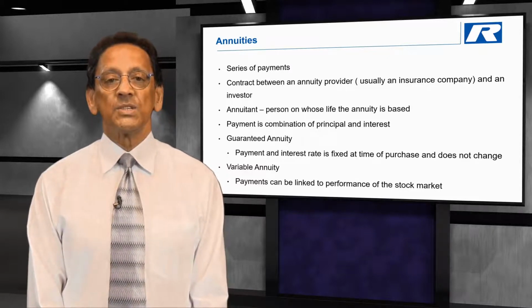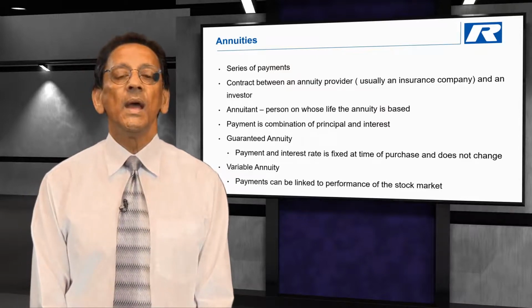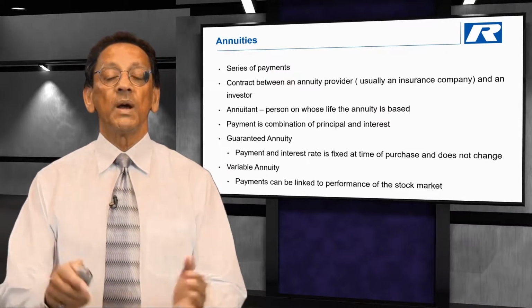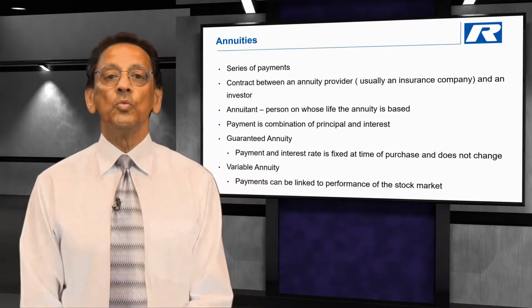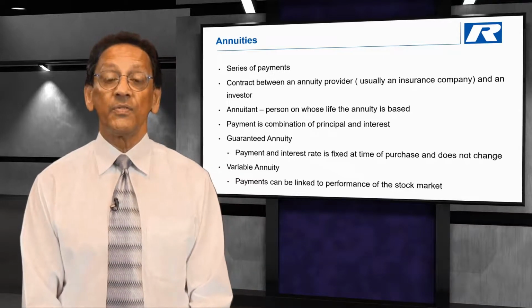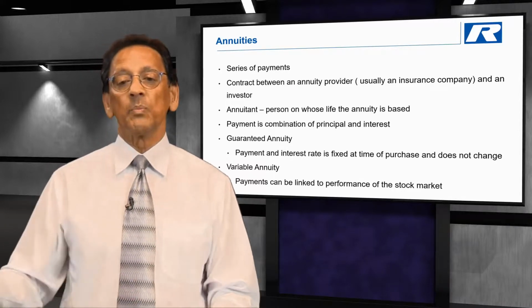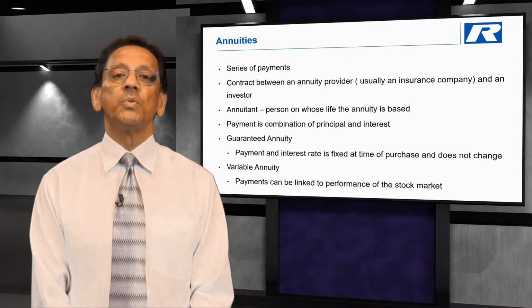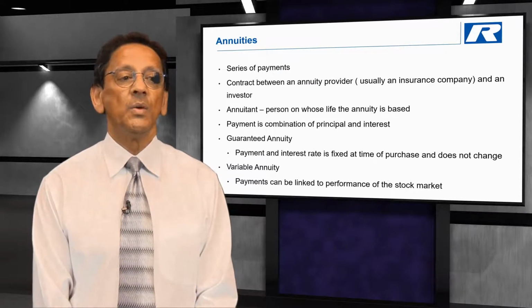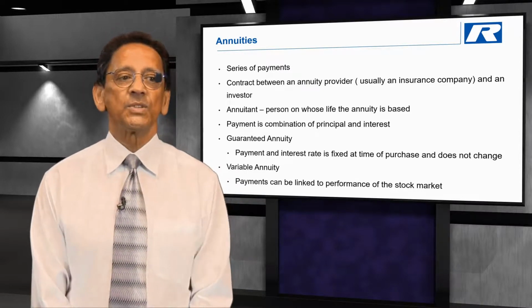You enter into a contract, usually with a life insurance company, and you give them a chunk of money, and they say, with this amount of money, here's how much we can pay you per month for the rest of your life. Or you might say, I want to buy a 10-year annuity. They say, here's how much we can pay you every month for the remaining 10 years. So it's a contract between an annuity provider, which is usually a life insurance company, and an investor.